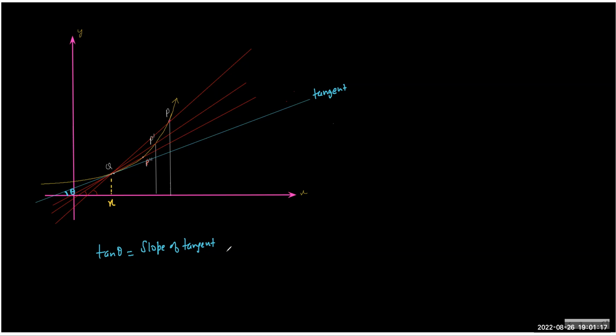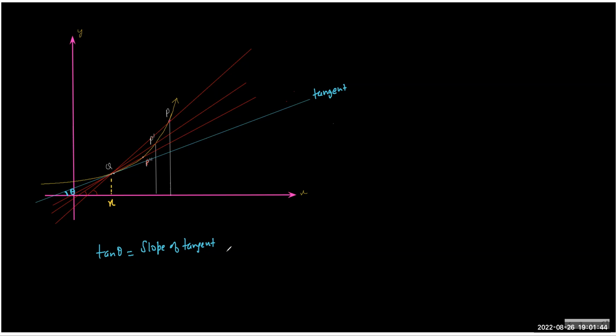And therefore, slope of a tangent is a very unique situation. It is saying that that line is representing the change in y upon change in x, provided the change is the minimum possible change.